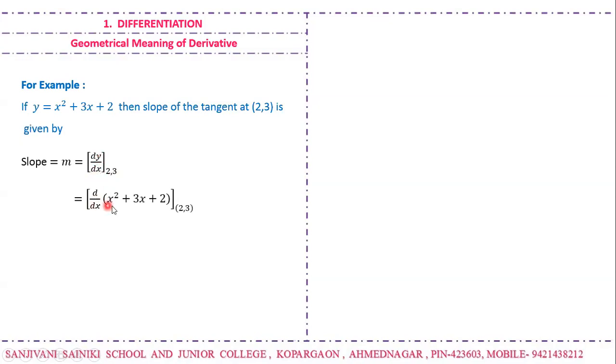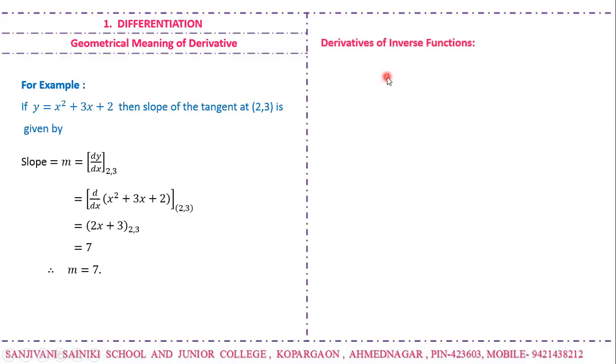So the derivative is d by dx of x square plus 3x plus 2 at the point 2, 3. So its derivative is 2x plus 3 at the point 2, 3. So I will put x is equal to 2, and there is no y, so no need to put y. So 2 into 2 is 4, 4 plus 3 is 7. So the slope of the tangent to the curve at this point is 7.